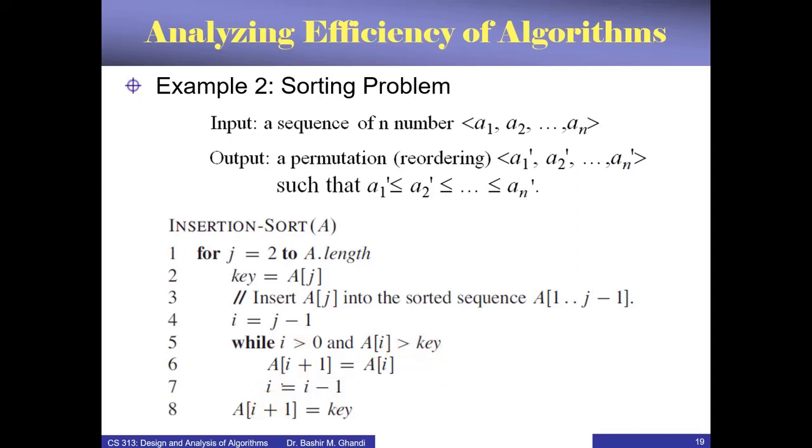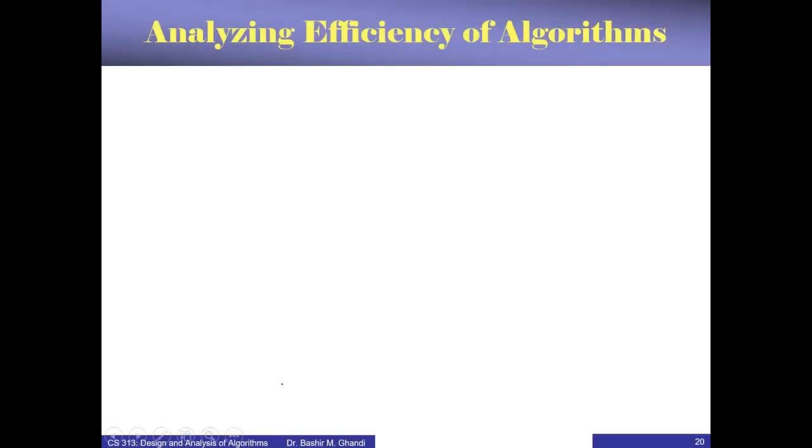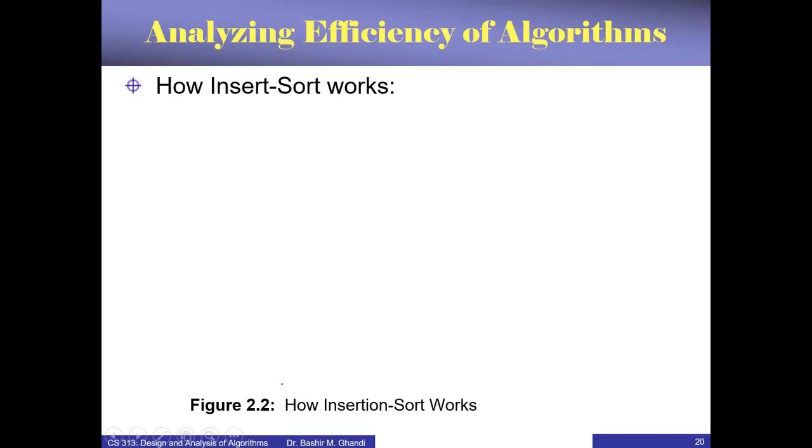Actually, it is clearer if we take an example to show how this algorithm works. So in the next slide, I'm going to show you an example with a sequence of numbers so that you can clearly understand what the algorithm is doing. Let us say we start with an array of 6 elements, as you can see here: 5, 2, 4, 6, 1, and 3.